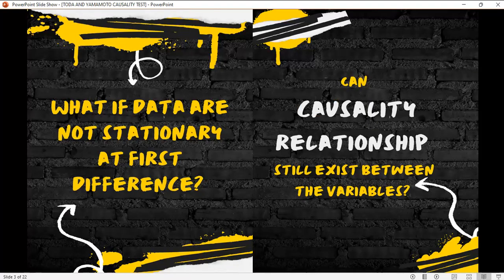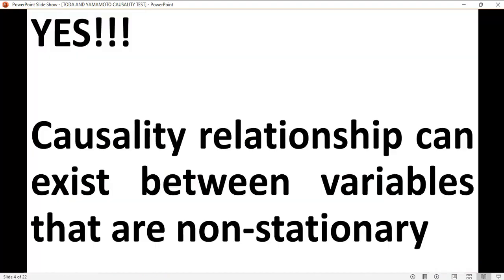That was why important questions were asked: what if data are not stationary at first difference? Can a causality relationship still exist between the variables? Two very important questions. And what is the answer? Yes. A causality relationship can exist between variables that are non-stationary.